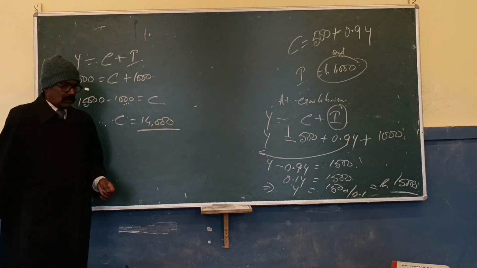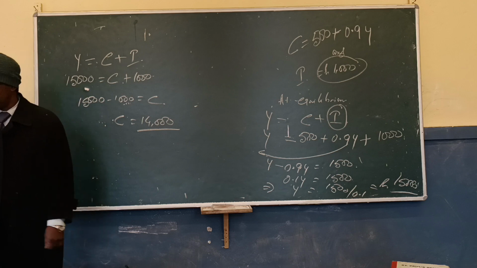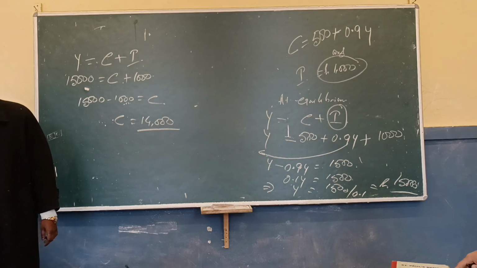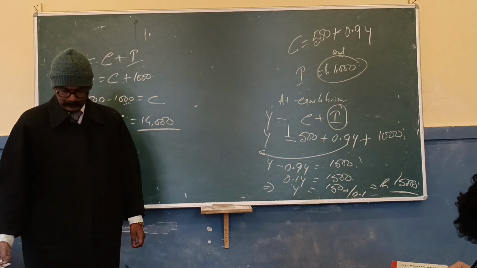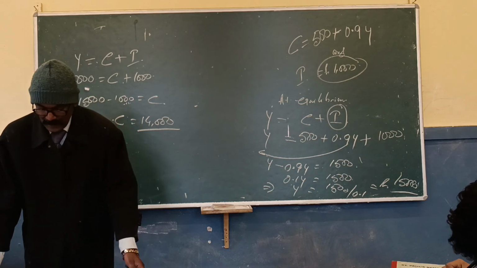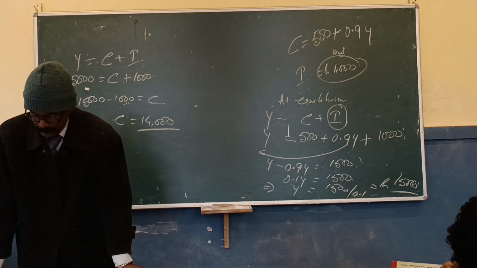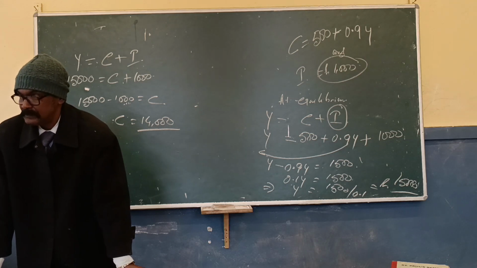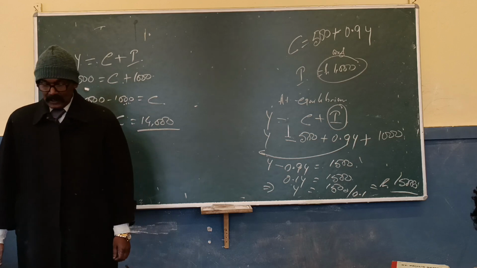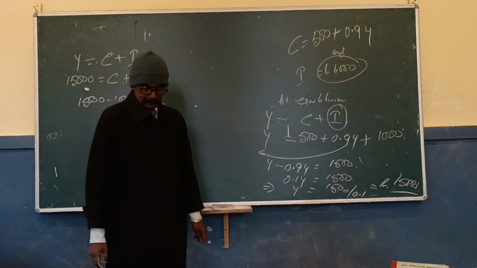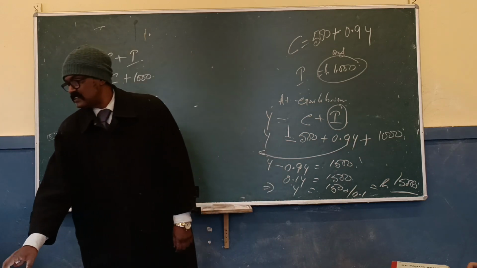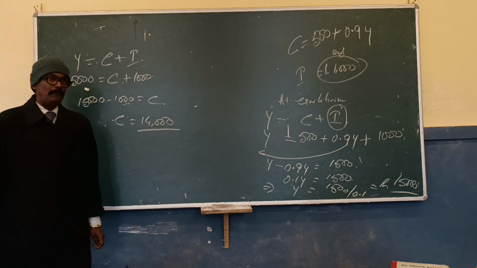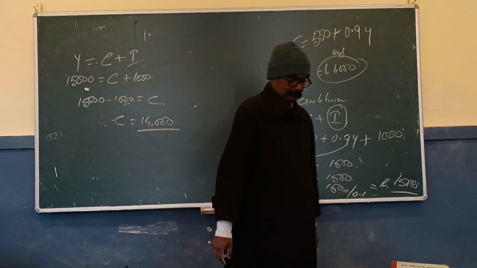Now write down the question. If the value of MPC is equal to 0.9, find the value of investment multiplier.